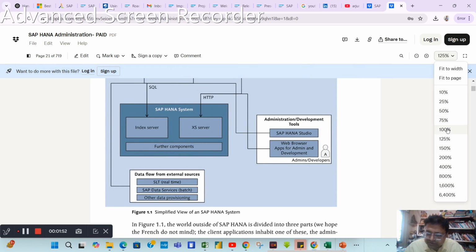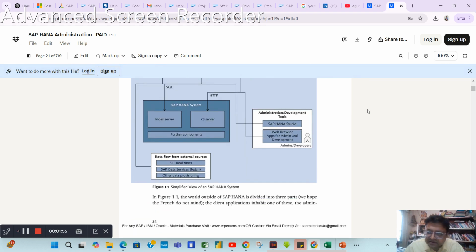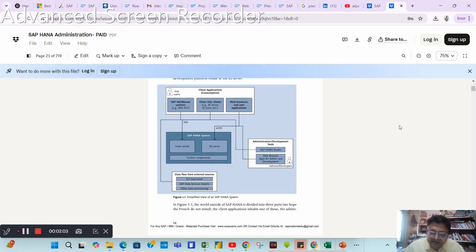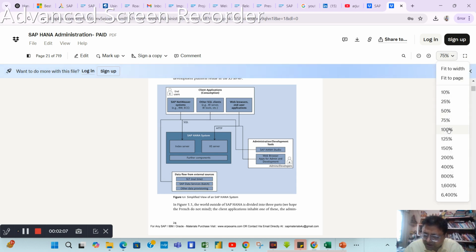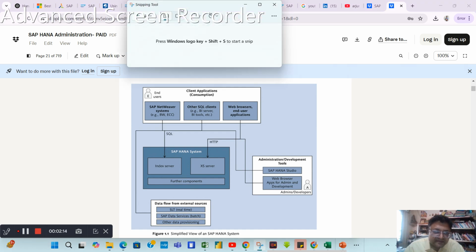Zoom out to 100%, this should be fine because I have to capture the screenshot here. 75% is not all right, it is very small. So we'll go by 100%. And we will quickly take a screenshot of this.